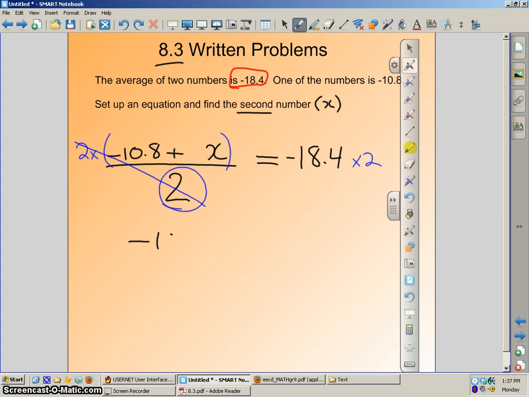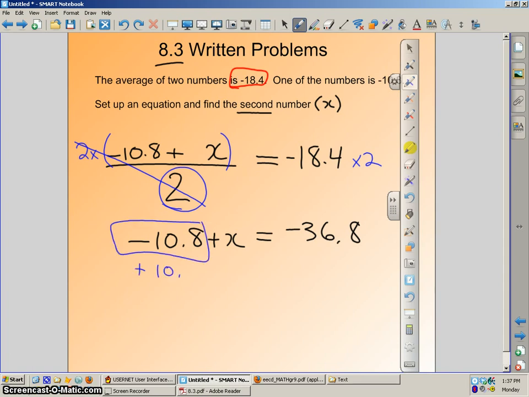So we have negative 10.8 plus x, and then negative 18.4 times 2 is negative 36.8. Okay? So from there, we have to get rid of our constant, negative 10.8, and we'll use the opposite there, which is add 10.8, and we'll add 10.8 there. And so from there, that's gone, and we're left with x.